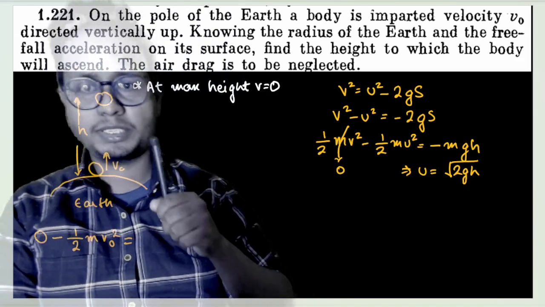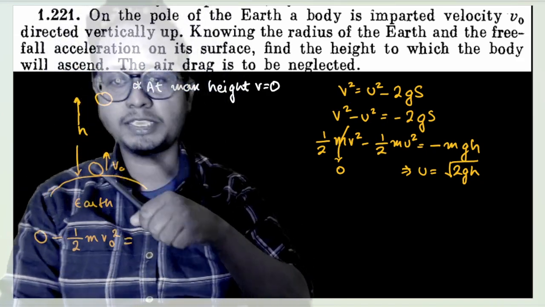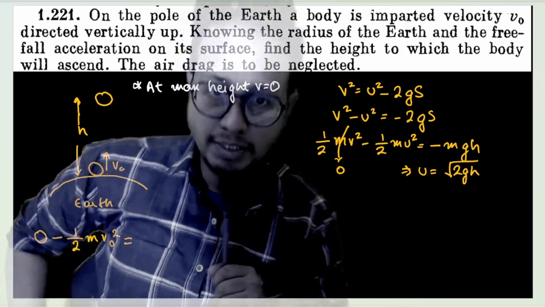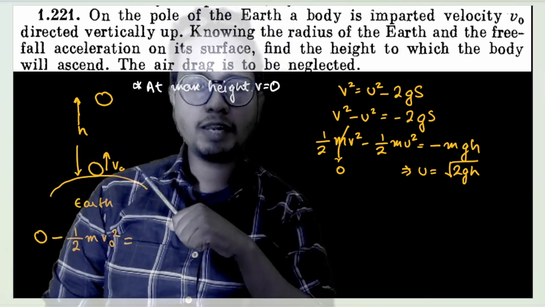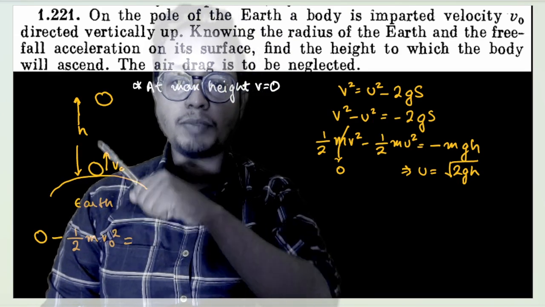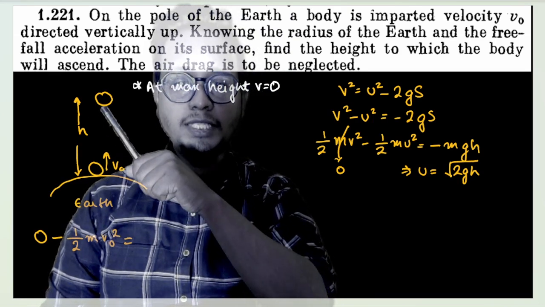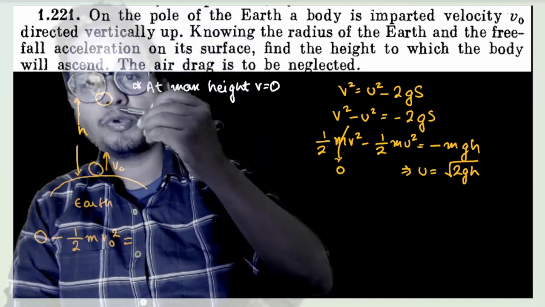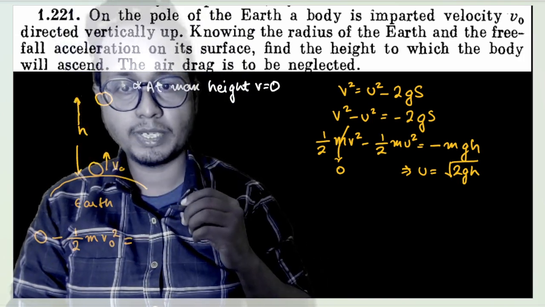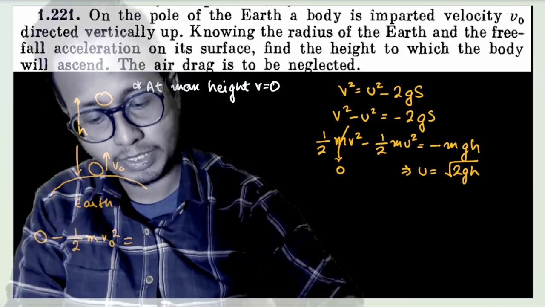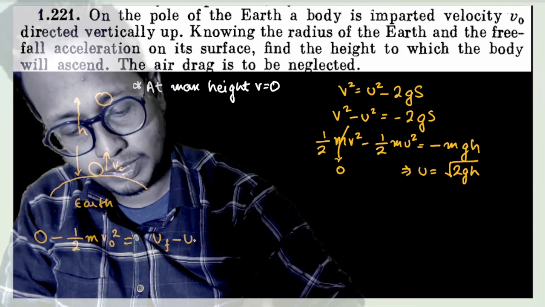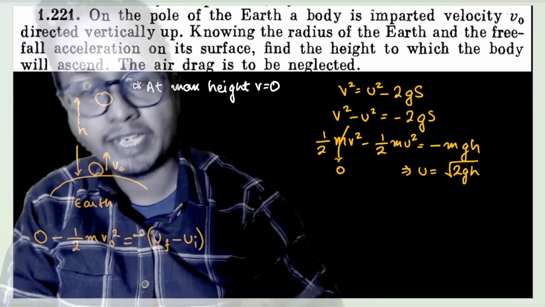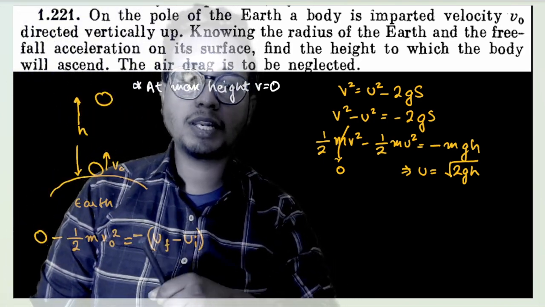So what is the work done by gravitational force in the chapter of gravitation, or when the height becomes very large? See, the work done by gravitational force is nothing but initial potential energy minus final potential energy. And why is that? Potential energy is nothing but the negative of work done by gravitational forces, isn't it? So final potential energy minus initial potential energy, U final minus U initial, and negative of that value, because negative of potential energy is nothing but work done by gravitational forces.